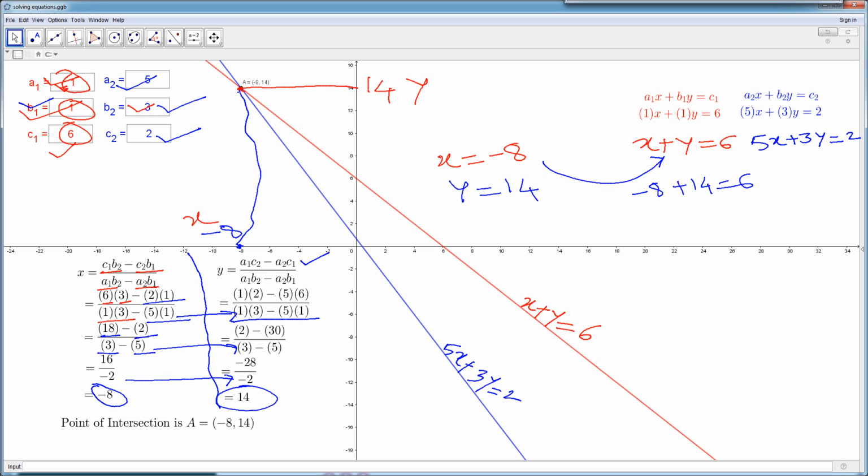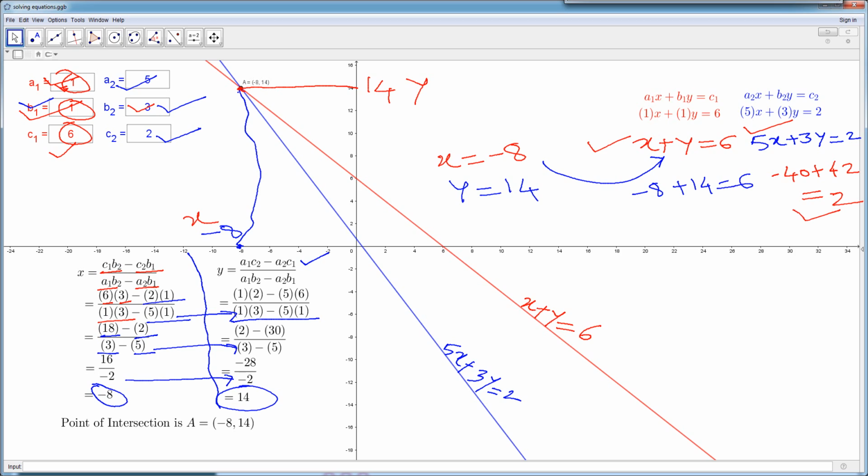Check the second equation. 5 into minus 8 is minus 40, plus 3 into 14 is 42. 42 minus 40 equals 2. Both equations get satisfied and we have verified that the answer we have obtained is correct. Geometrically as well as algebraically, we have verified the answer.